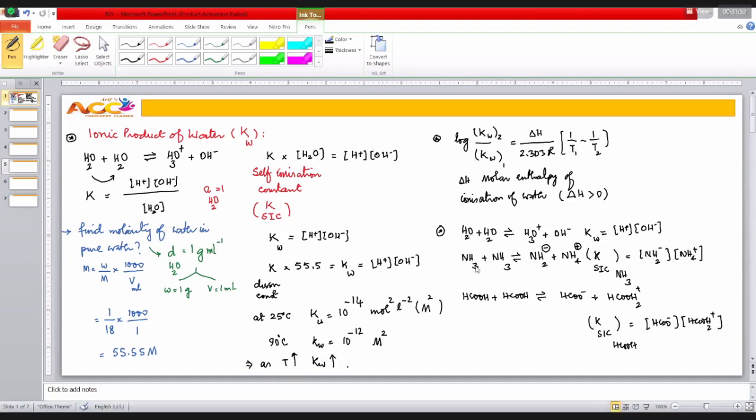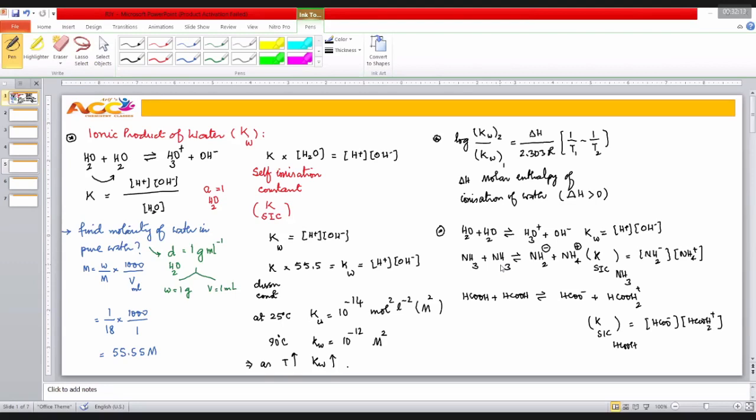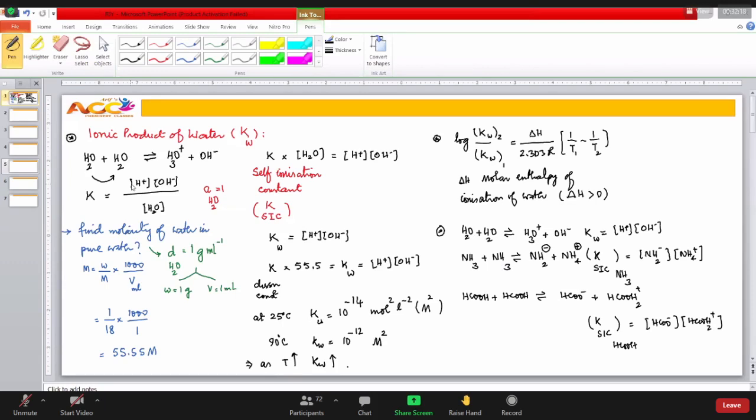Yes, one is behaving as solute, one is behaving as solvent, exactly the same situation as in the case of water. What is ammonia? A non-aqueous polar solvent. What is formic acid? Also a non-aqueous polar solvent. The concept is the same for both of them. Is it over?